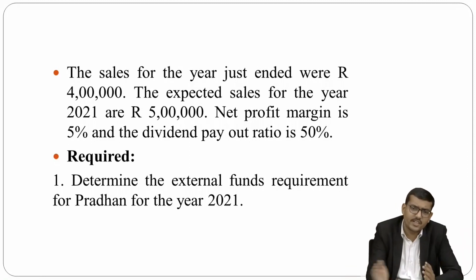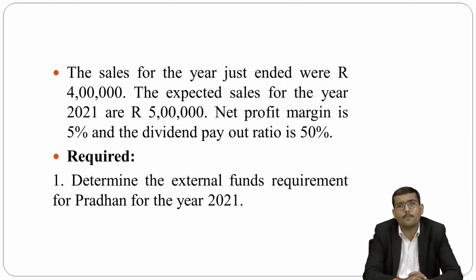This is ultimately an increase of rupees 1 lakh. The net profit margin is 5% and the dividend payout ratio is 50%. Now determine the external fund requirement of Pradhan Limited for the year 2021.